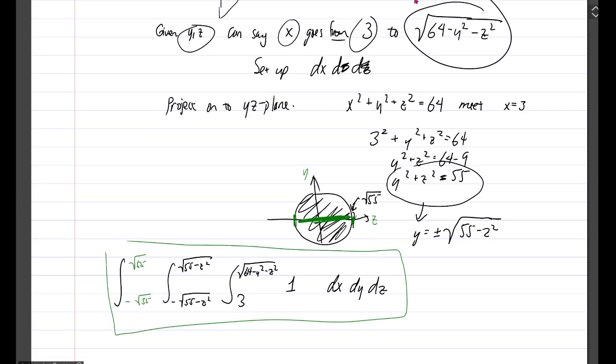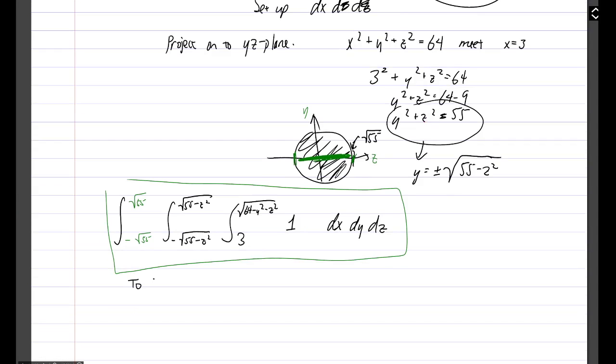Well, let's just say that we're done with the problem, but if you were to actually evaluate this, we'll just kind of outline it. To evaluate this integral, what I think would make most sense is to evaluate the innermost integral, right? So the inner integral here would be just this part right there.